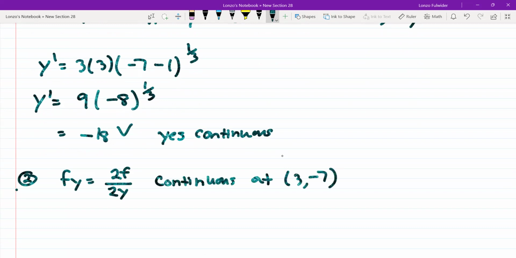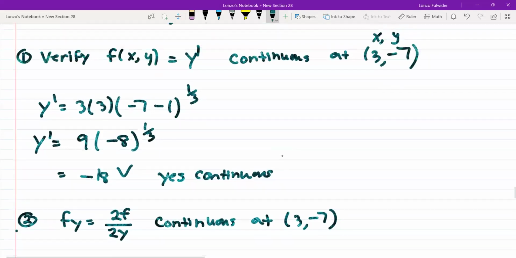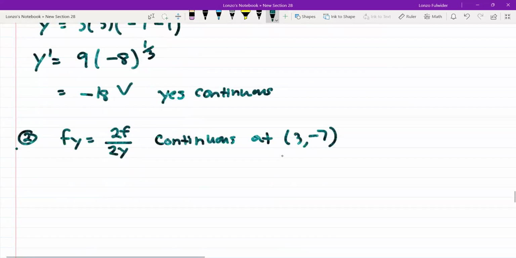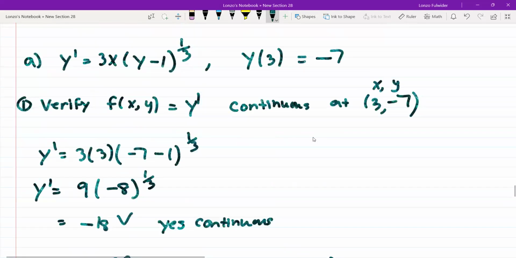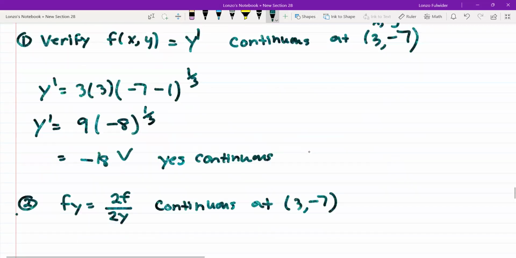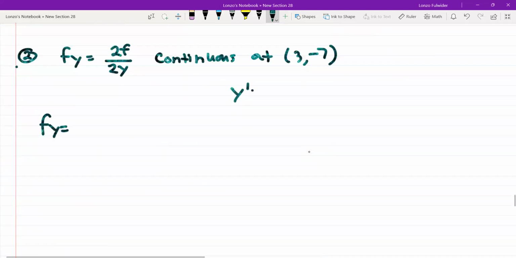Okay, so what you have to do is take the derivative with respect to y. If y prime equals 3x times (y minus 1) to the 1/3, right?